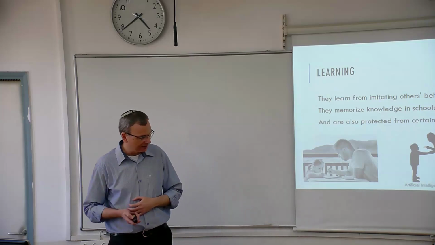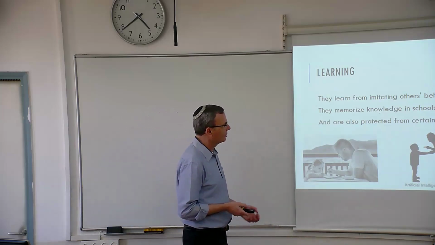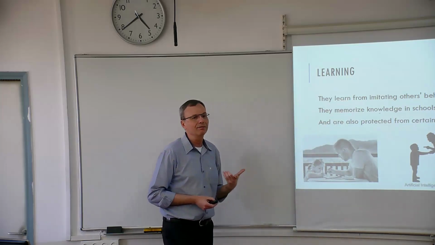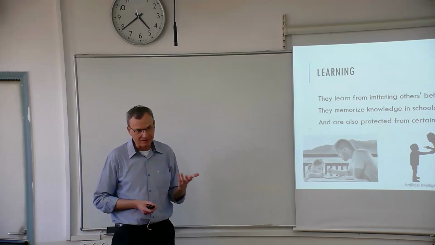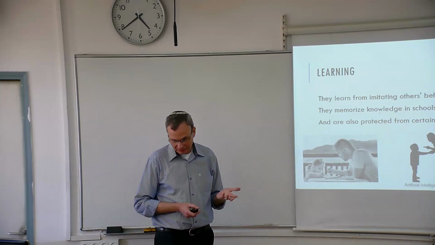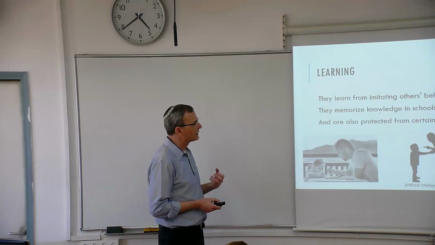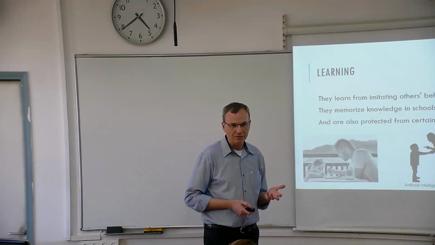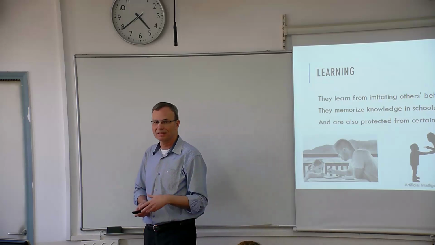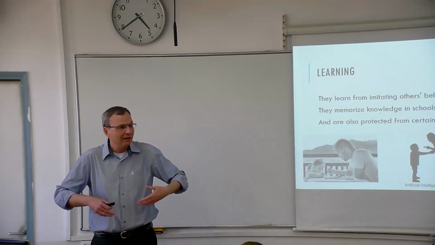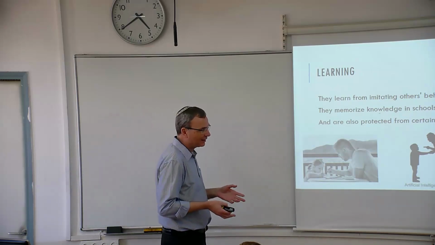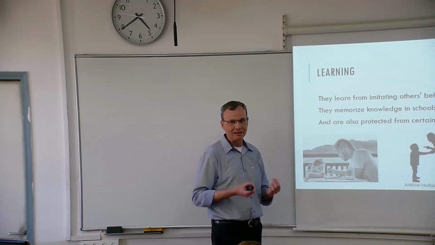However, children also learn from imitating other behavior, which is learning from examples. This is supervised learning. They also memorize knowledge in schools, which is basically rules. For instance, the irregular words in English, you cannot learn this by trial and error. You can try, but it's much faster and makes more sense just to read the list, right?